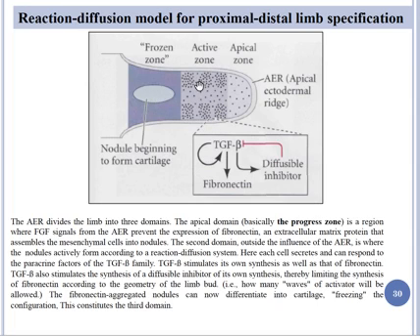And finally, the frozen zone is made up by the freezing of the nodules that will become cartilage, and then after ossification, this cartilage will give the bone. So this is called the reaction diffusion model.